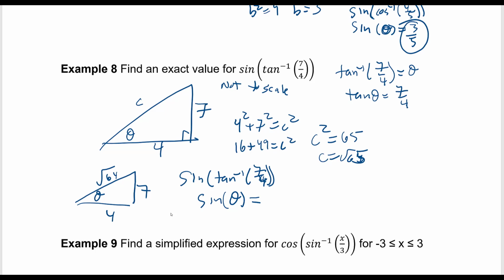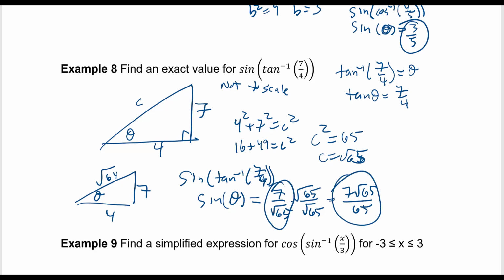And that's going to be 7 over the square root of 65. I don't know if you want to rationalize the denominator, I don't know if that's really necessary in this case. So 7 root 65 over 65. I think this answer is sufficient, but they're both equivalent.